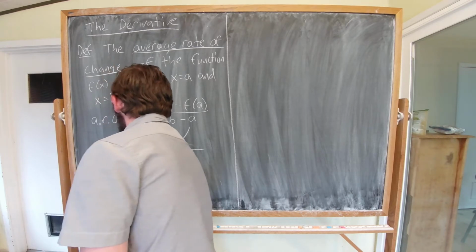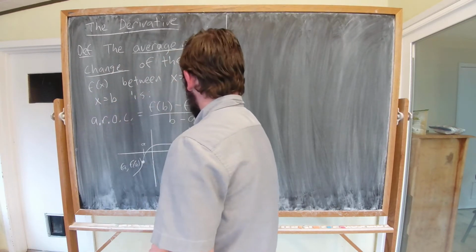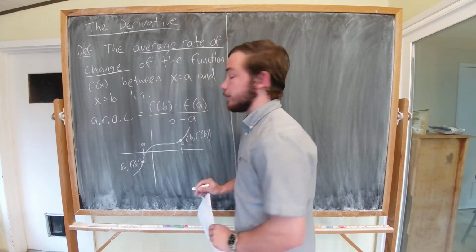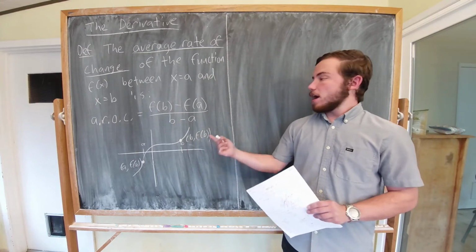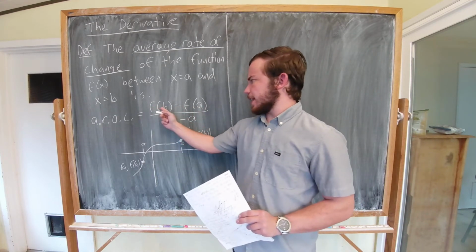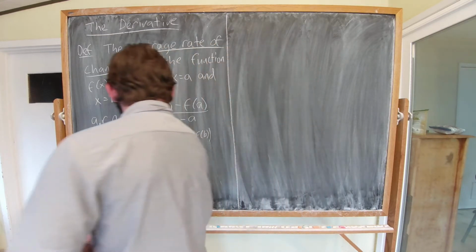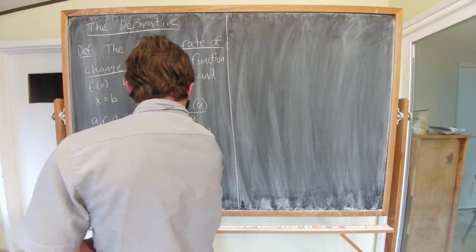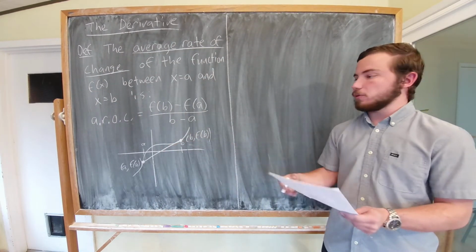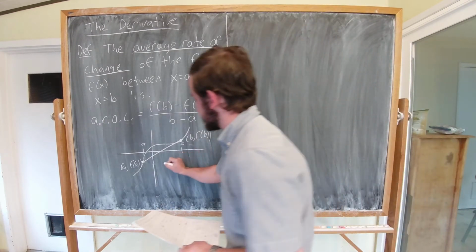So we have our point a, f of a, and our point b, f of b. And what the average rate of change is saying is, to find it, I want you to take f of b minus f of a over b minus a. That would be exactly the slope of the line passing between those 2 points. This is known as a secant line.